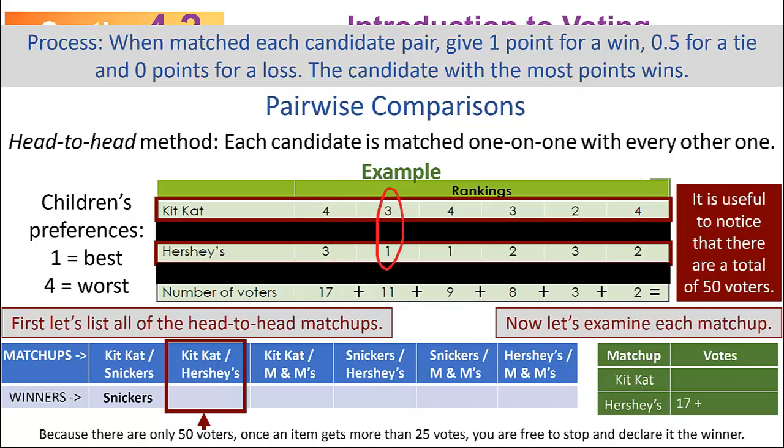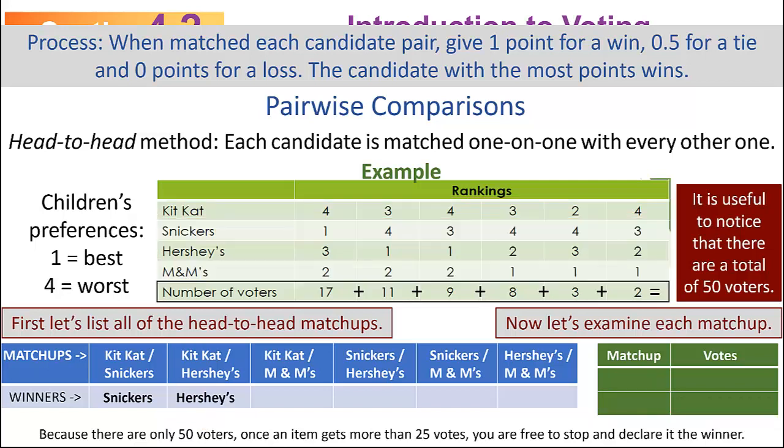In the next column, 1 beats 3. I give those 11 votes to Hershey's. And at this point, I notice again that 11 plus 17 is already 28, so Hershey's has already won this. I don't have to keep going. So I'm going to go ahead and declare that race over, and Hershey's won. So I can move on to the next matchup.